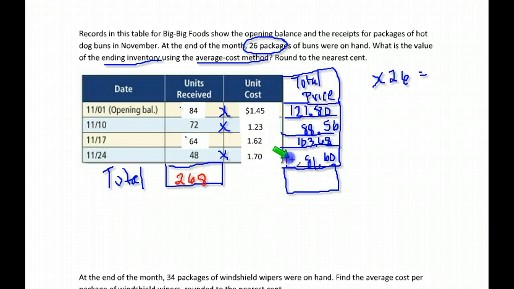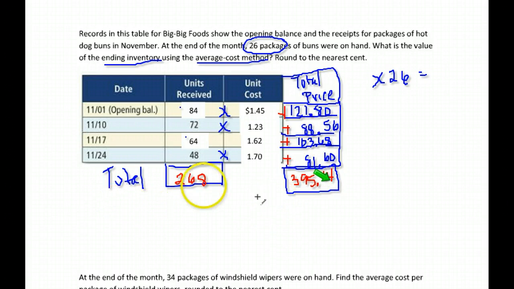Now we need to total over here the price of each of our orders. We need to add all of those together. So we add 121.80 plus $88.56 plus $103.68 plus $81.60. We get a total of $395.64.